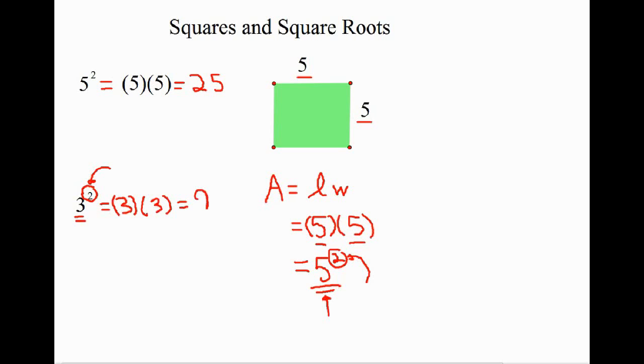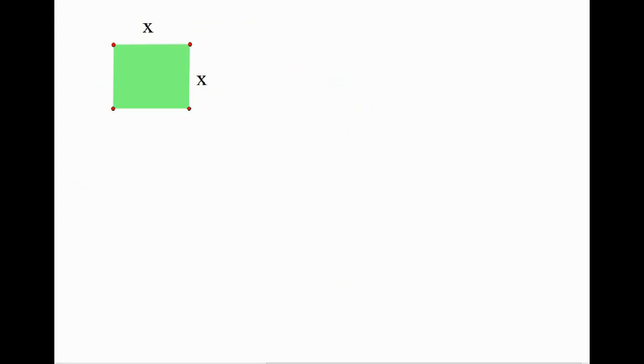I'm not putting any units in here because we're not dealing with measurement, we're just dealing with an understanding of exponents. To generalize, rather than use actual numbers, I'm going to bring some algebra into this. Again, I have a square, and the length here is x. Since the width is the same on a square, I can also call the width x.